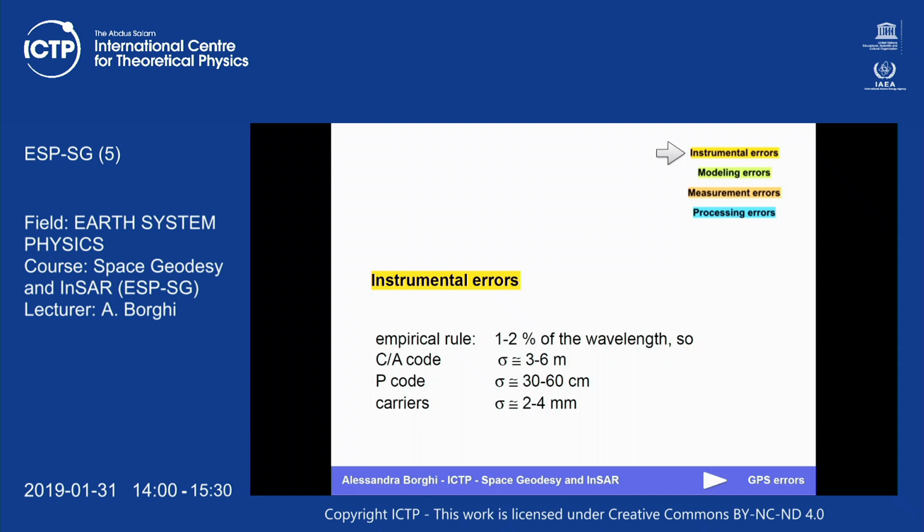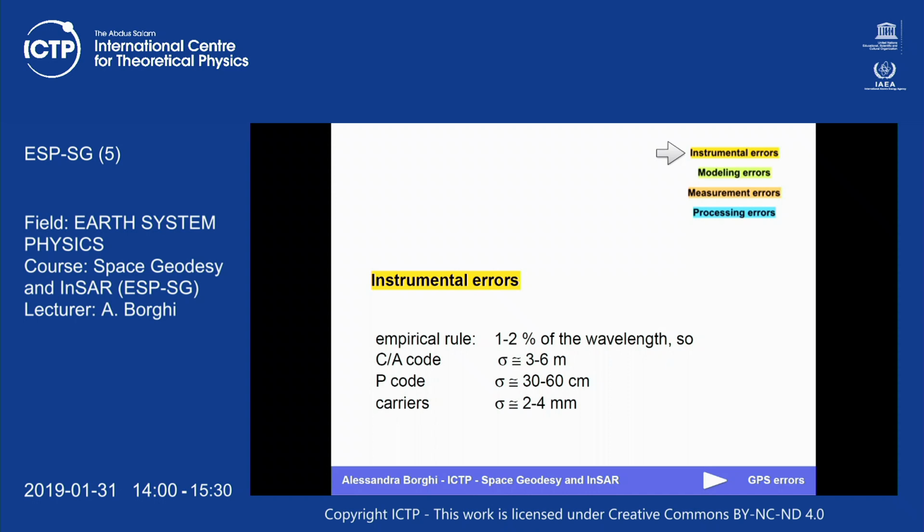At the moment that we switch on our receiver and track the satellite, we don't know this quantity, we are going to estimate it, but we can obtain a higher precision. We have seen that to estimate the ambiguity we need more measurements, so it's not used for real-time positioning.